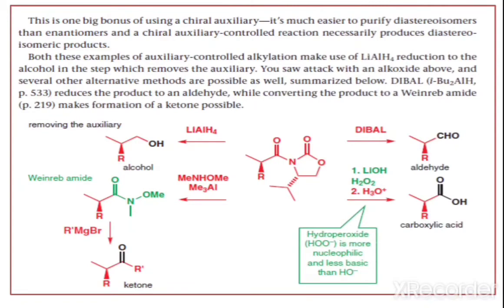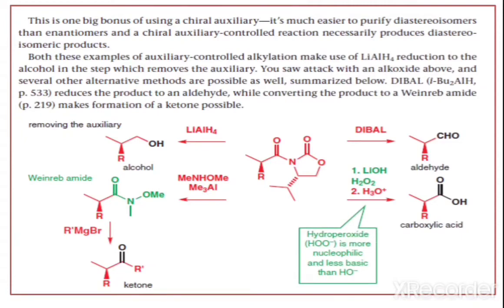Now this is most important. So how to remove the chiral auxiliary? This is one big bonus of using chiral auxiliaries: it is much easier to purify the diastereomers than the enantiomers, and the chiral auxiliaries control the reaction if necessary and produce the diastereomer product here.